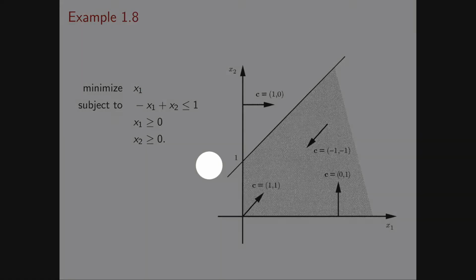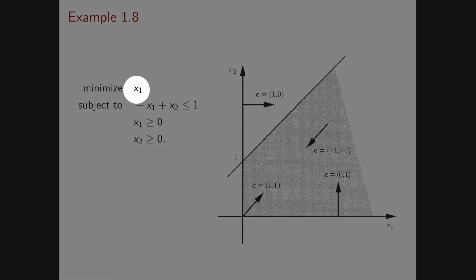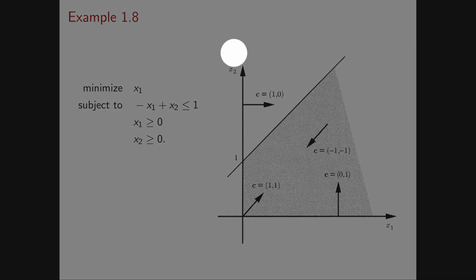However, what happens if we instead look at the objective function x1? So x1 gives us the vector 1, 0, which is visualized here. The lines orthogonal to C are exactly the vertical lines, and we're moving left as much as possible.